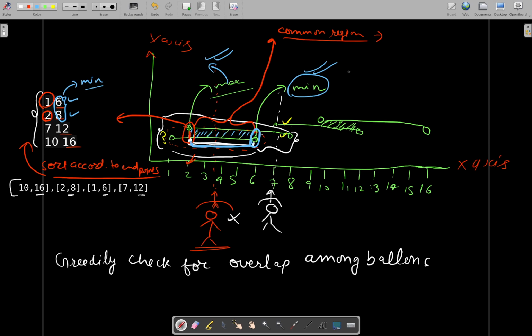And we will count such common regions which are not overlapping. Okay, count common regions, or you can say intervals, which are not overlapping.